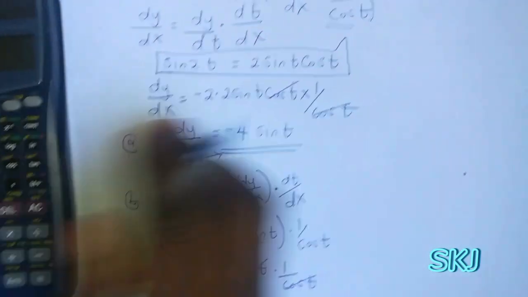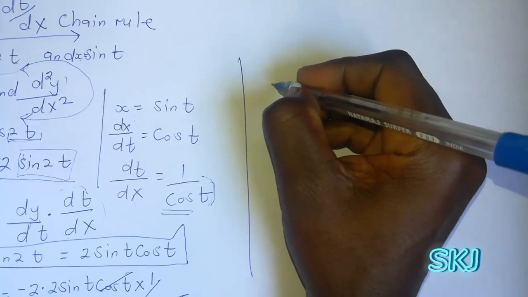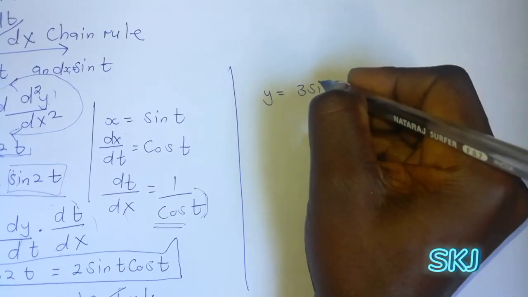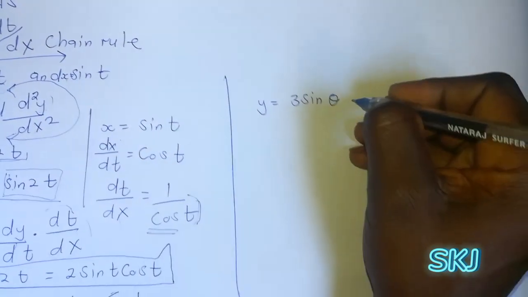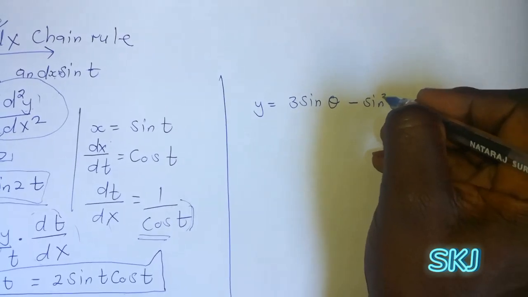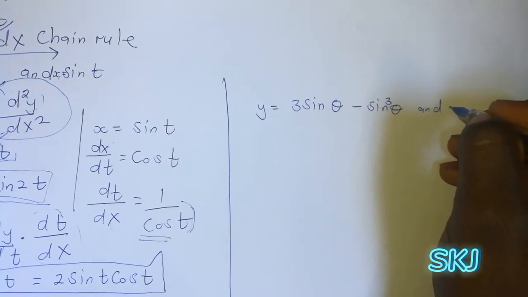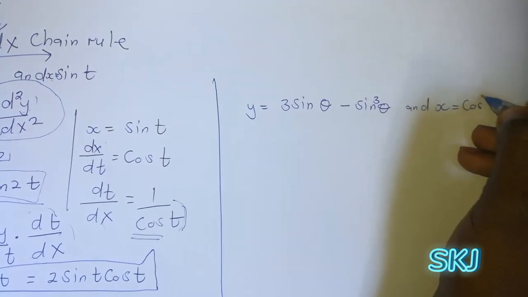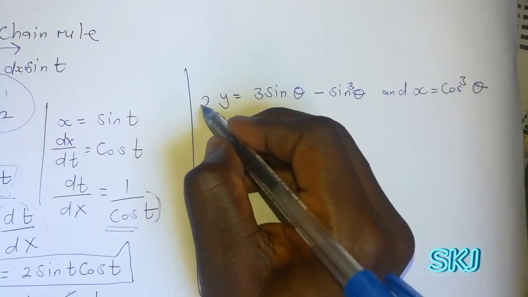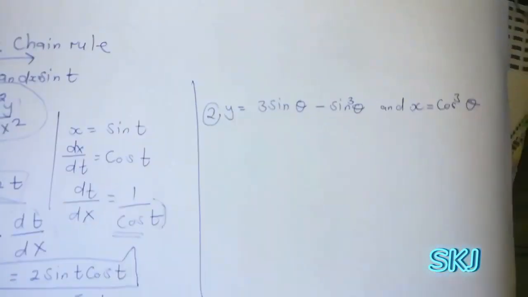This is going to be our next question: y is equal to 3 sine theta minus sine cos theta, and x is equal to cos cubed theta. This will be our next question, up to the second derivative.